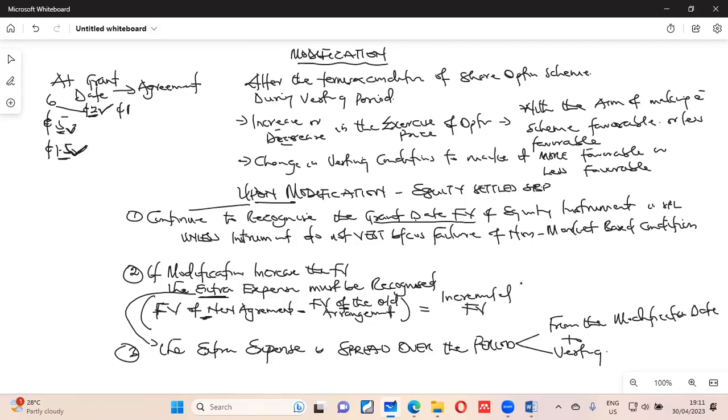So if the vesting date is in 3 years' time, and they did the modification in year 2, for an incremental value of say 5, then that 5, you are going to multiply it. If you are in year 2, you are going to multiply it by what? 1/2. So it is from the time of modification to the vesting date.